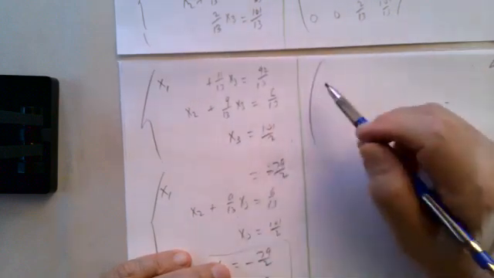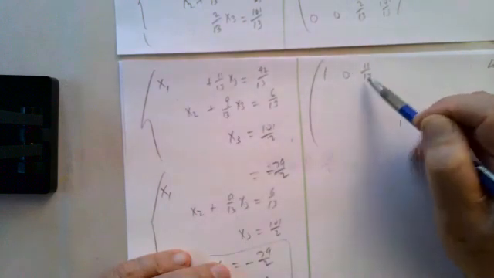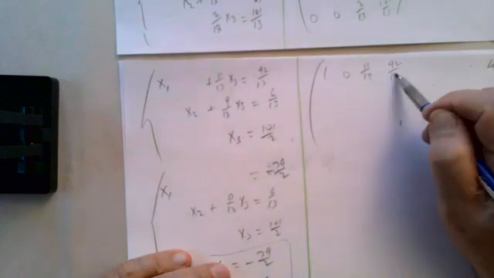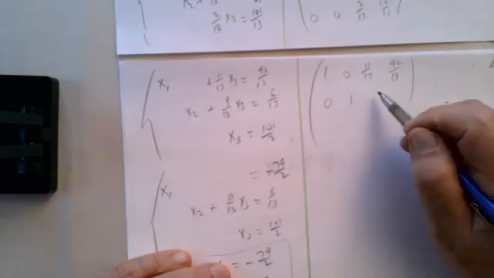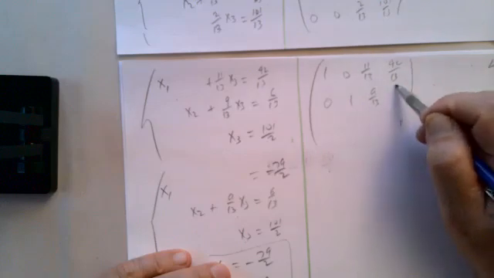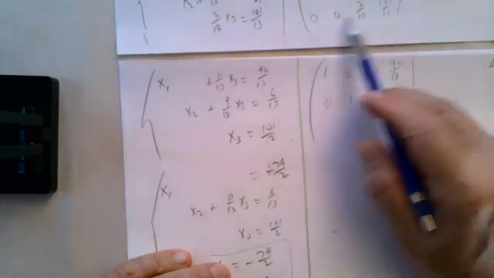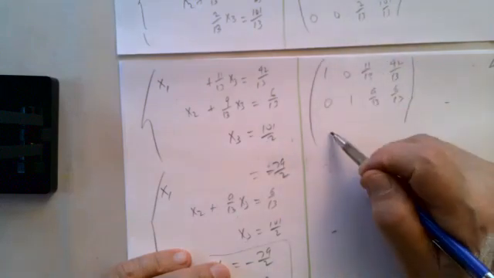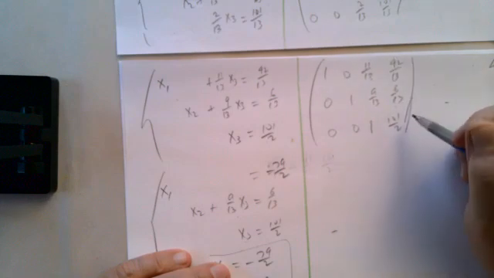The matrix is 1, 0, 11 over 13, 42 over 13; 0, 1, 9 over 13, 6 over 13. And when I multiplied this row by 13 over 2, I get 0, 0, 1, 101 over 2.